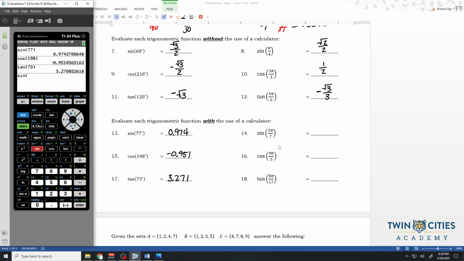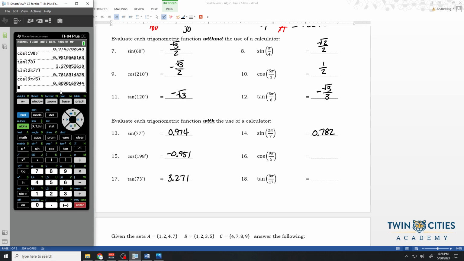Sine of 2 pi over 7. So 2, to get pi, hit second, and then this caret. So 2 pi over 7. This is 0.782. Cosine of 9 pi over 5. So cosine 9, second, and the caret to get the pi, over 5.